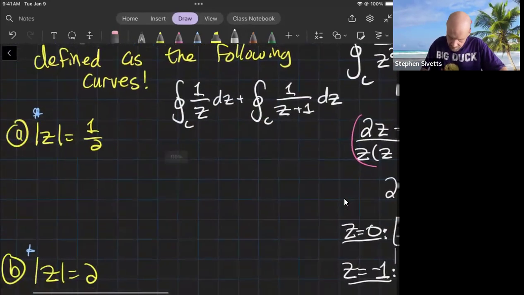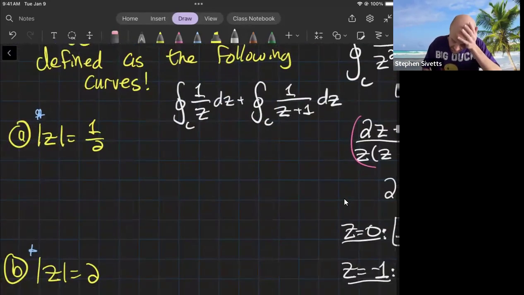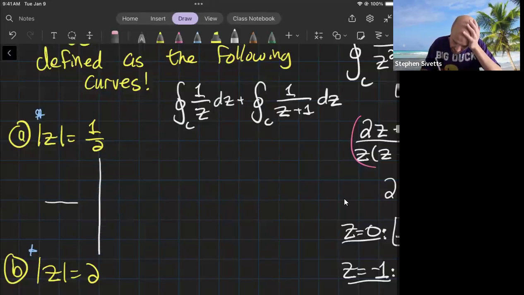What that means is all we have to do is look at the pictures of our domains and see if they include z equals 0 or z equals -1. So 0, minus 1/2, 1/2, 0, and minus 1/2, 0 there.